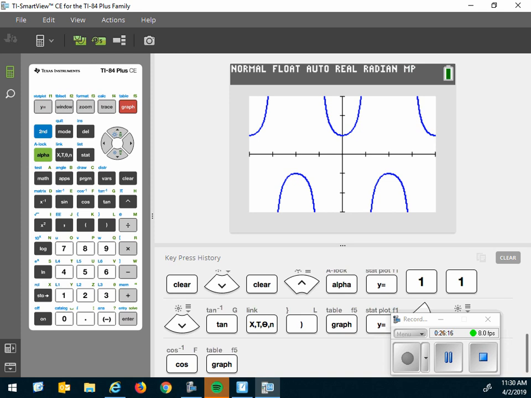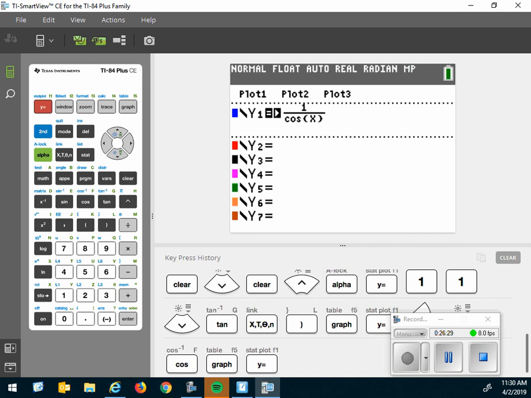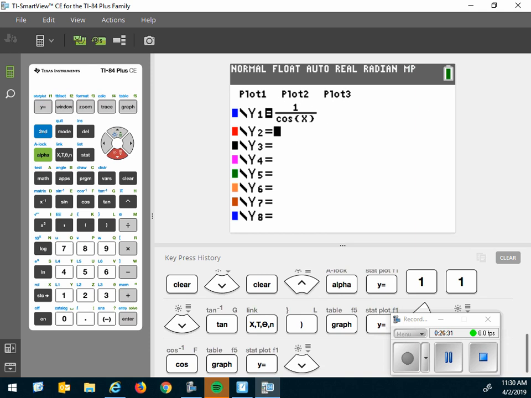Now, how do you know where the highest point is there and where the lowest point is there? Table. Let me show you something. Graph this.